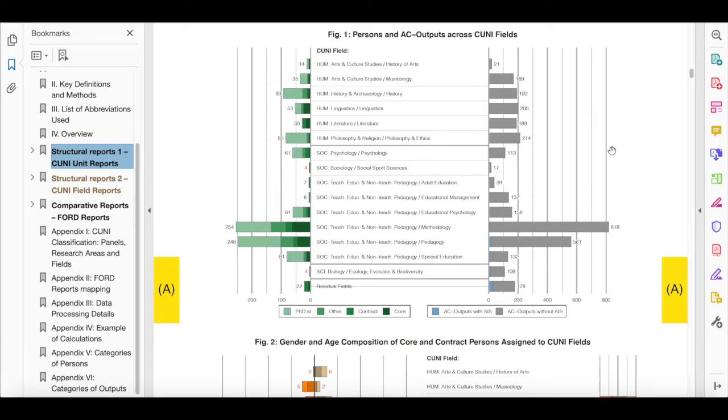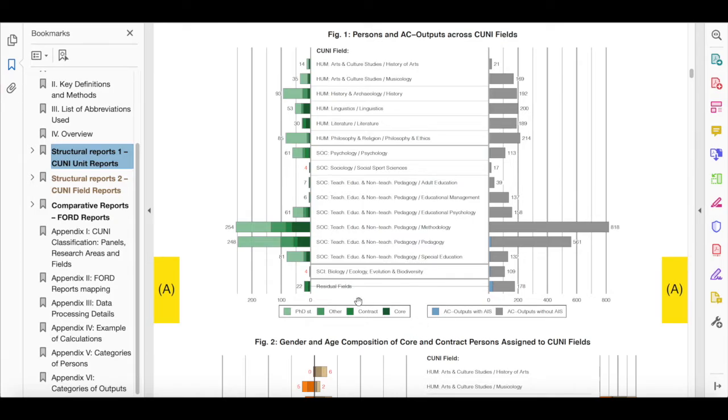The right panel of Figure 1 depicts the absolute count of outputs divided into 2 categories, with and without an article influence score. Note that information on qualitative structure and further graphs is available only for outputs with an article influence score. Numbers on the graph represent the total counts of persons, or outputs in each field.